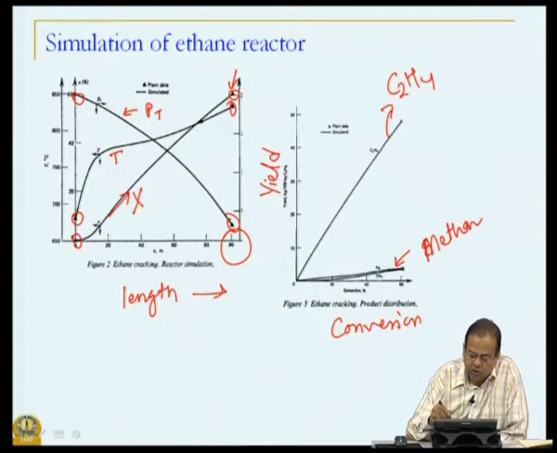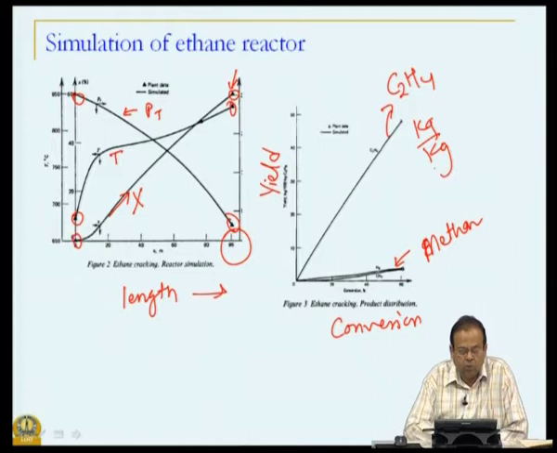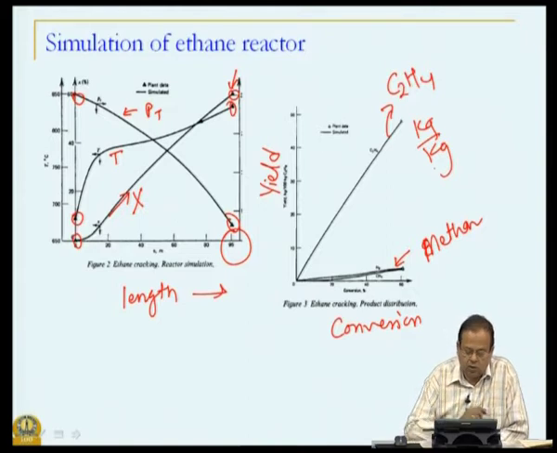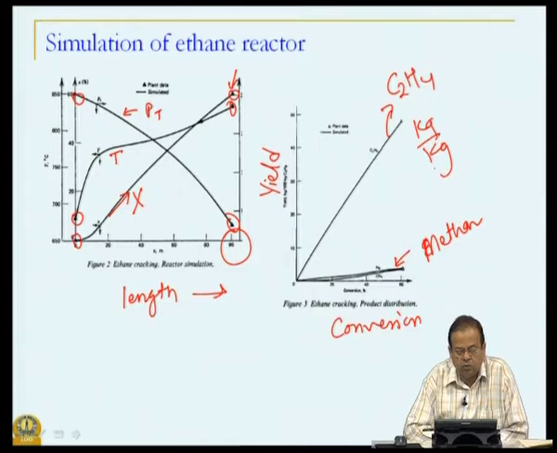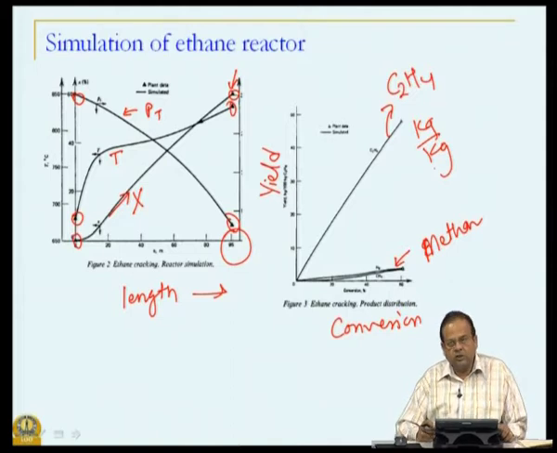Remember, this is expressed in kg per kg. In terms of moles, the molar yields of ethylene and hydrogen should have been the same, but in terms of mass they are of course different, hydrogen being much lighter than ethylene.